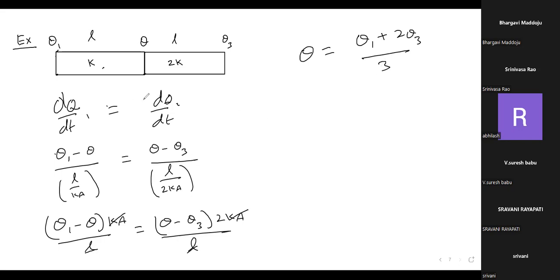This is the temperature of the junction. This is the procedure, but the answers are not important. The rate of heat flow is the same; using this concept only we solve the problem. This is the approach. Like this type of problems will be there in the series combination. Next I will discuss the rods connected in parallel.